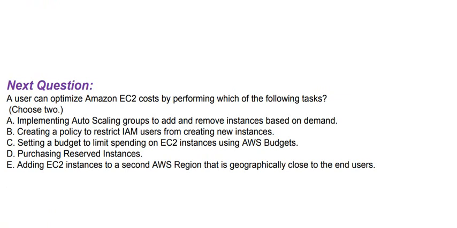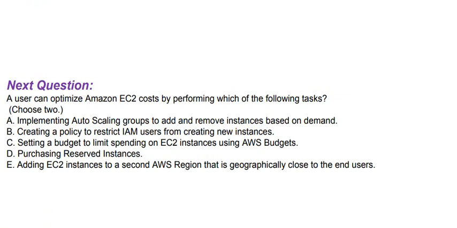Next question is: A user can optimize Amazon EC2 cost by performing which of the following tasks? Choose two options. Option A: implementing auto scaling groups to add and remove instances based on demand. Option B: creating a policy to restrict IAM users from creating new instances.